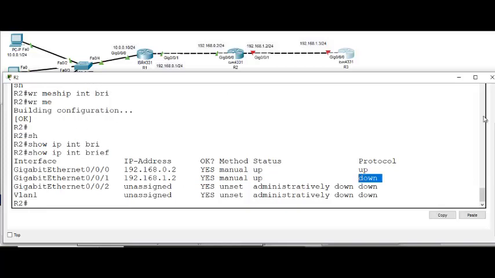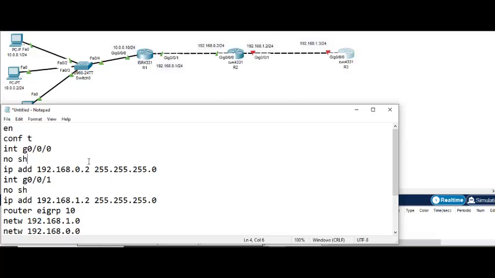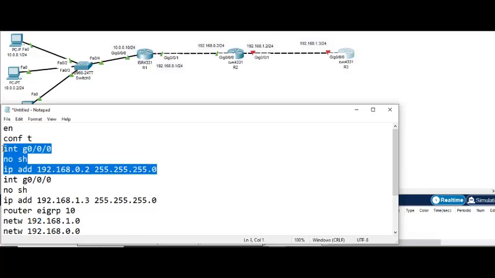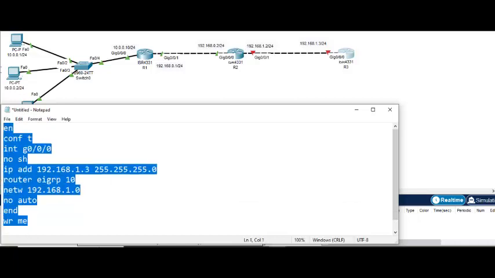Router 3 G0/0 will be in the 3 network here. If you want, you can have a loopback. Let me say loopback 0 IP address.